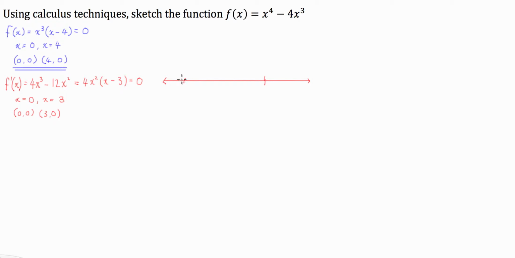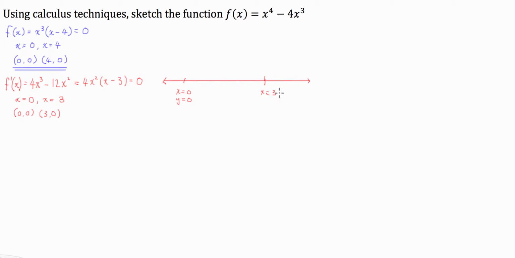At this point here, we know that x is equal to 0 and y is equal to 0. At this point, we know x is equal to 3, but we don't know what y is equal to.